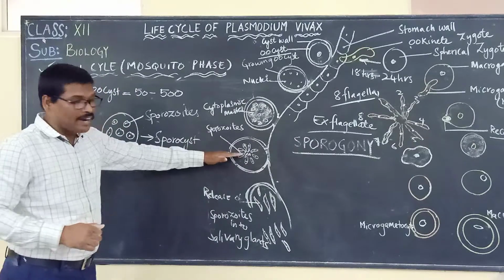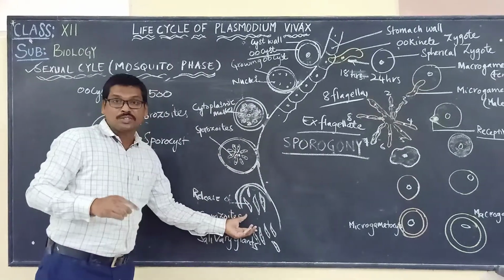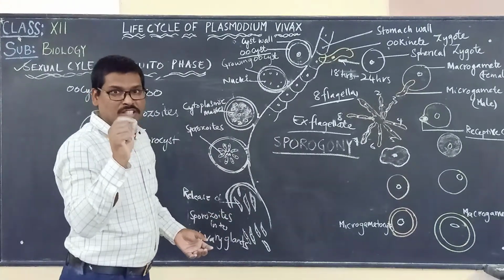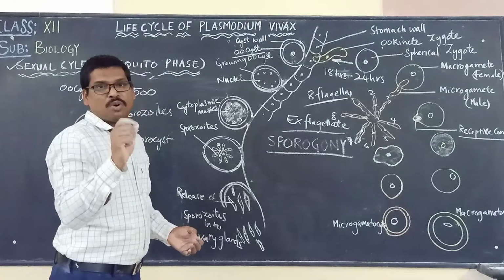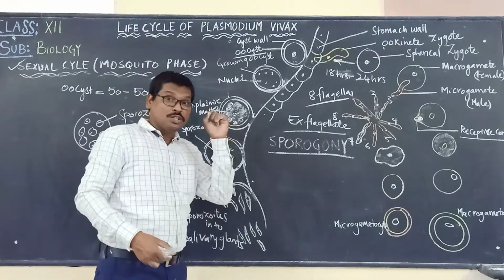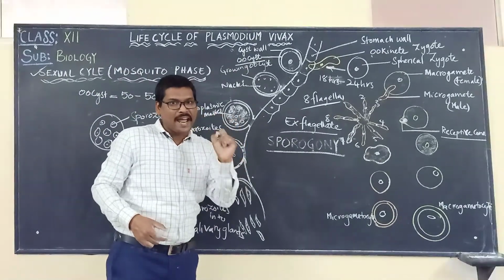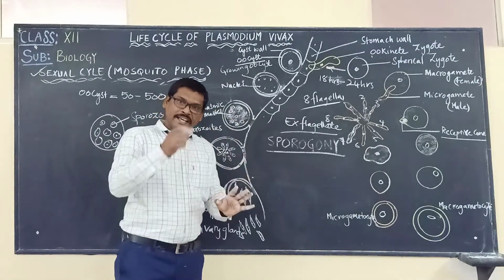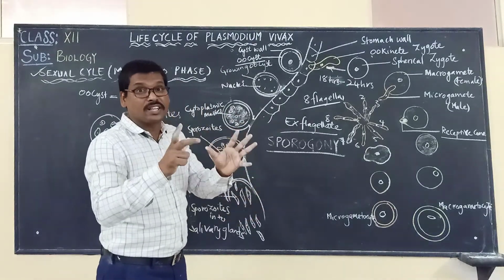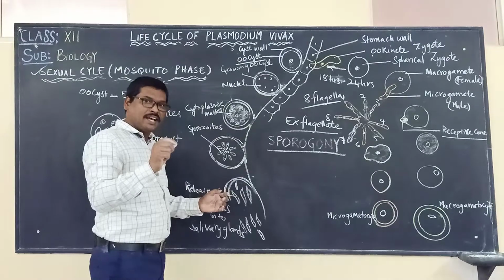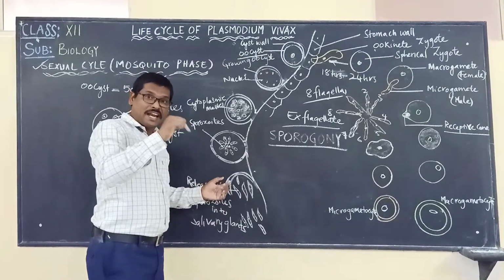Please make note of another point: these sporozoids are not present only in the salivary glands of the mosquito. They are also present in other organs of the mosquito. But here it is from the salivary glands.